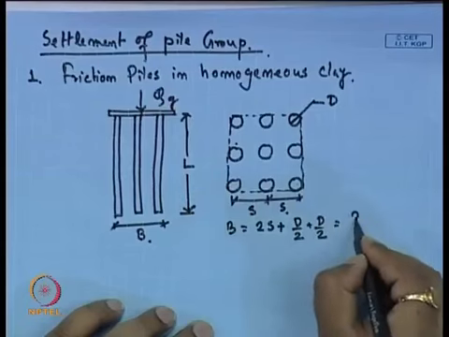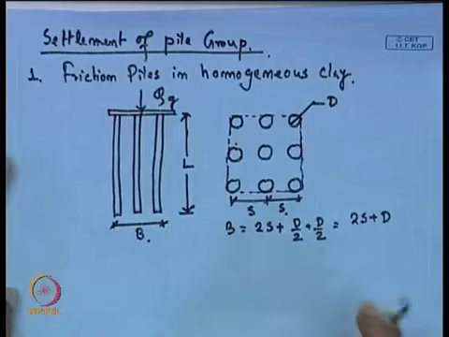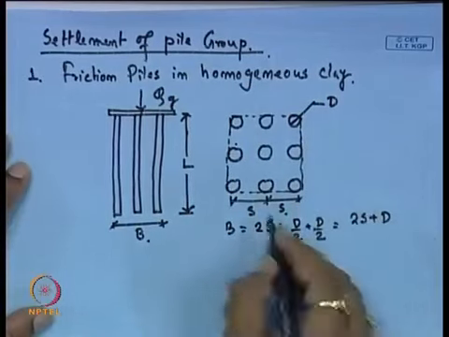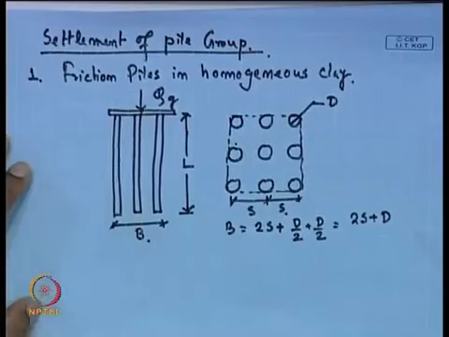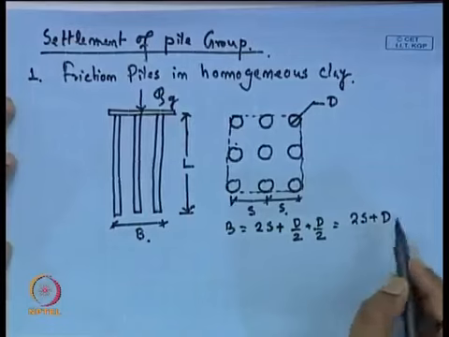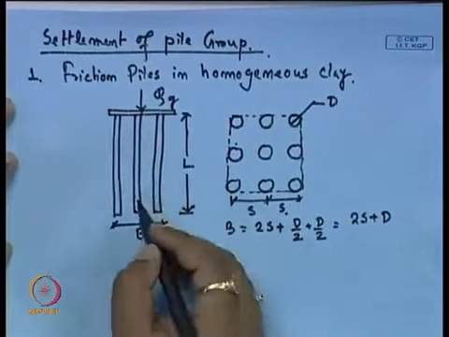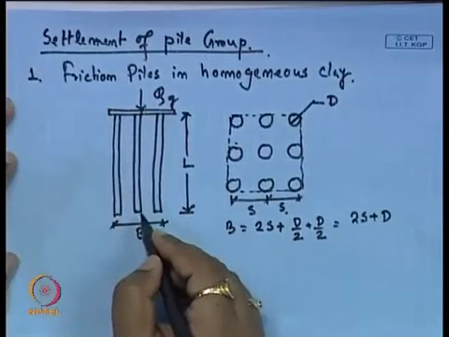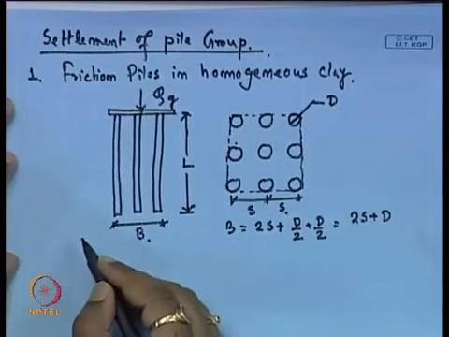So, this will be twice S plus d. Here d is the diameter of the pile, and S is the spacing between the two piles. So, now in such a case, how to calculate? The piles are installed in this homogeneous clay.